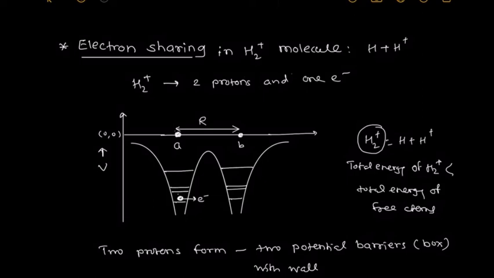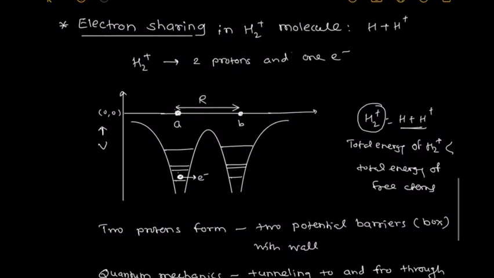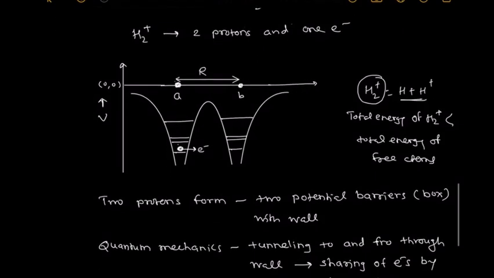For that, the total energy of H2 plus is always less than the total energy of the individual free atoms. And that is possible only by the tunneling of the electron from one potential barrier to the other, which is equivalent to the sharing of the electron between the two potential barriers with the wall between them.